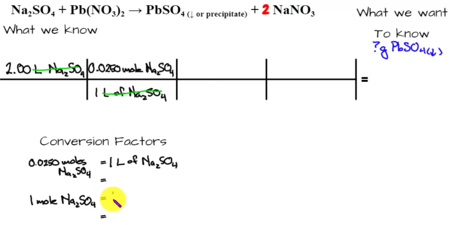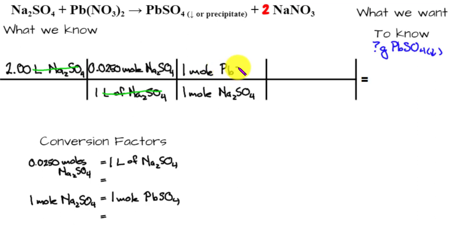I get 1 mole of lead sulfate, PbSO4. So I'm going to put 1 mole of Na2SO4 for every 1 mole of lead sulfate, PbSO4. And I do that so that I can cancel the moles Na2SO4, leaving me in the moles PbSO4.